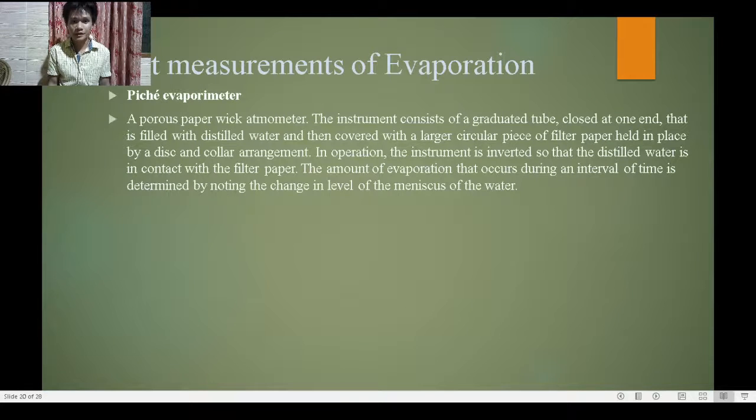In operation, the instrument is inverted so that the distilled water is in contact with the filter paper. The amount of evaporation that occurs during an interval of time is determined by noting the change in level of the meniscus of the water. So same as the atmometer previously.